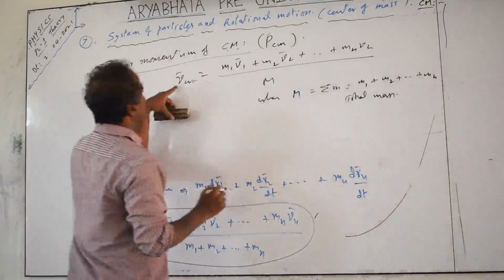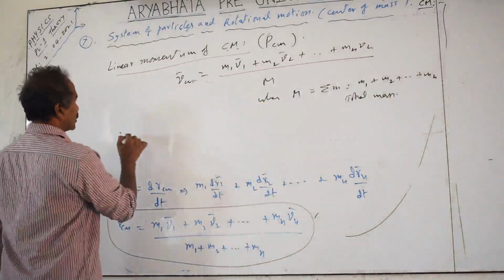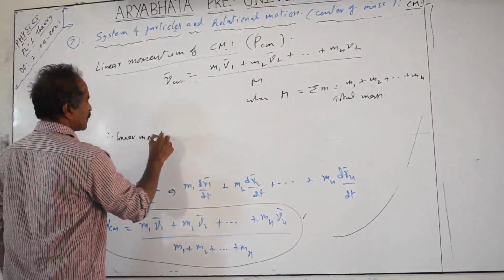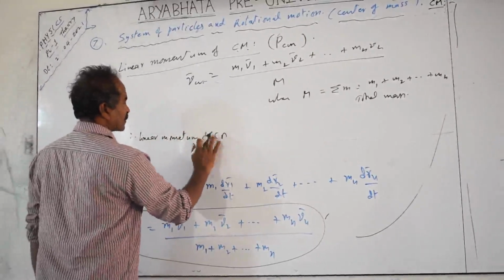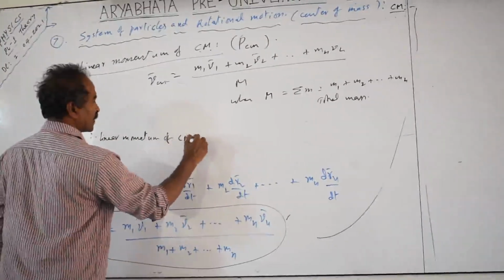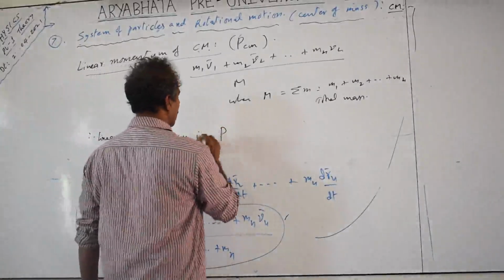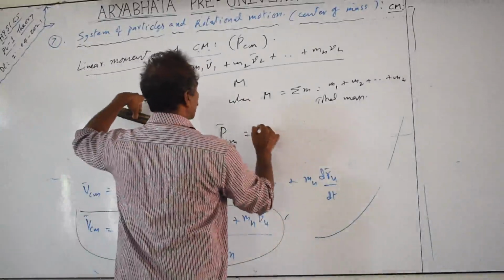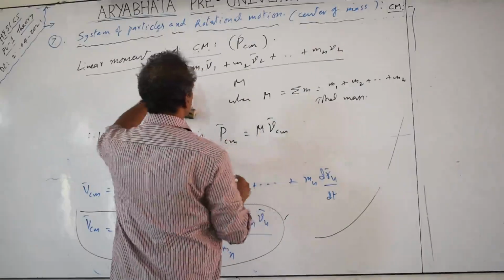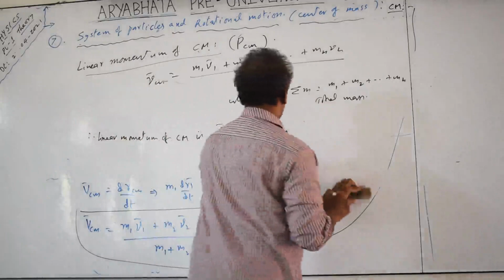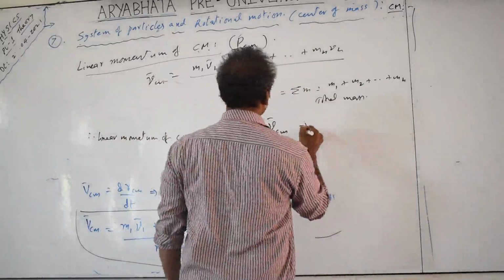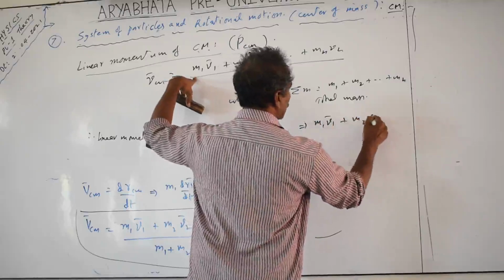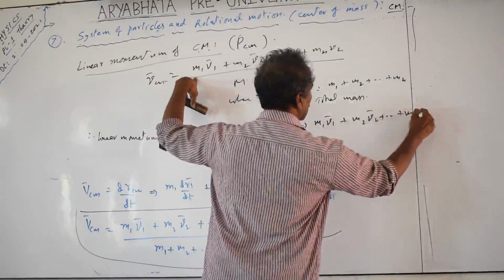So this M into vcm becomes equal to pcm. Therefore, linear momentum of center of mass is pcm, in vector form, equal to M into vcm, which you can also write in one line as m1 v1 plus m2 v2 and so on plus mn vn.